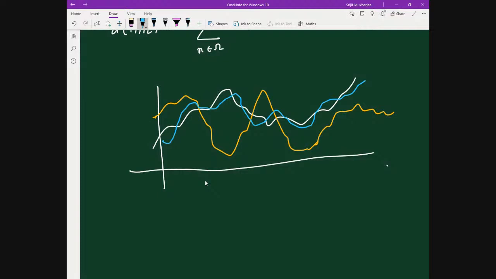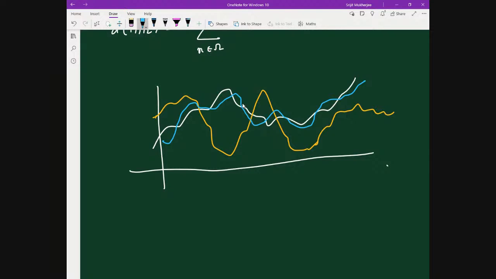The blue function. So how do you define it? That's the idea. There's an innate understanding of distance, so you can see it, right? But you have to define it mathematically: how is the white function closer to the blue function than to the yellow function? How do you define it?